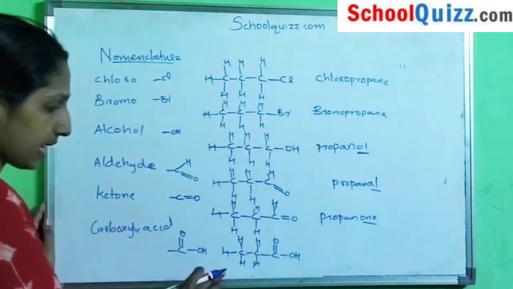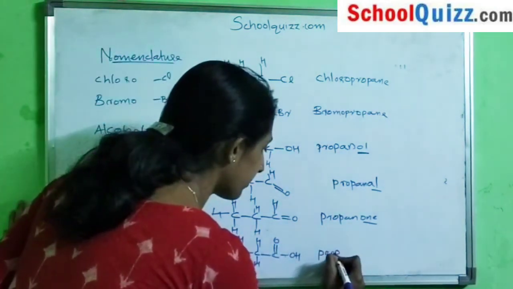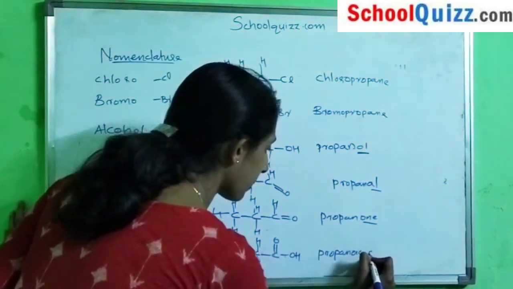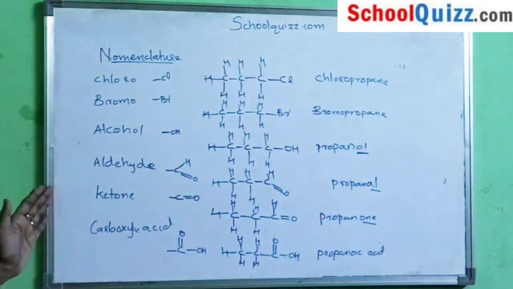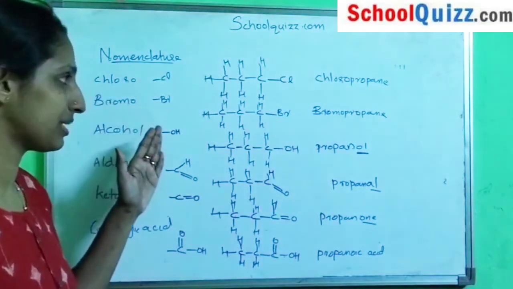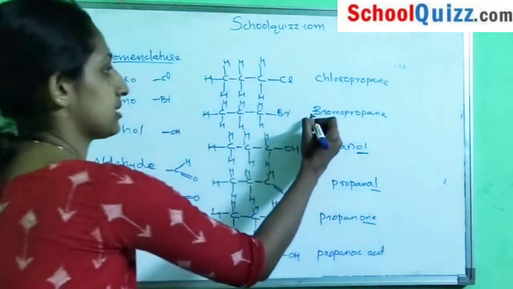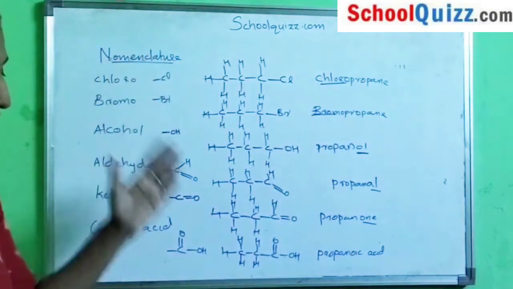So the valency is satisfied, and this is known as propanoic acid. So here only the chloro and bromo groups are prefixes. All the other functional groups are suffixes here.